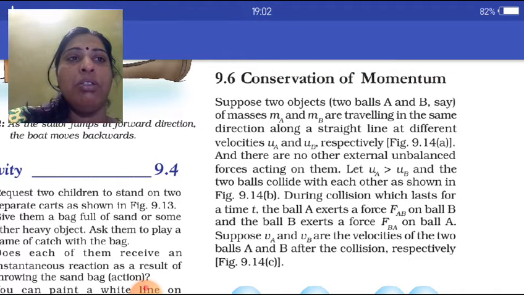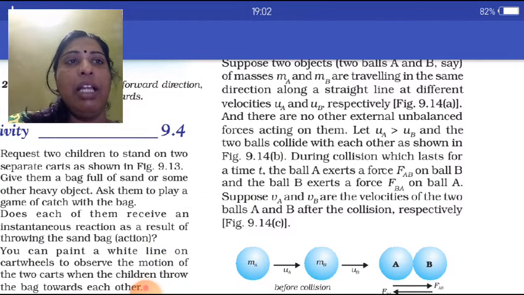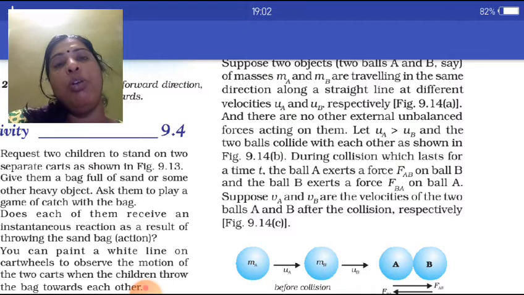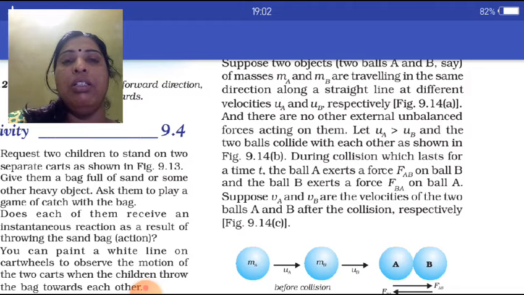Suppose two objects, two balls A and B, say of mass MA and MB, are traveling in the same direction along a straight line at different velocities UA and UB. Okay, one ball has mass MA and velocity UA, and another ball has mass MB and velocity UB respectively, figure 9.14a. And there are no other external unbalanced forces acting on them.